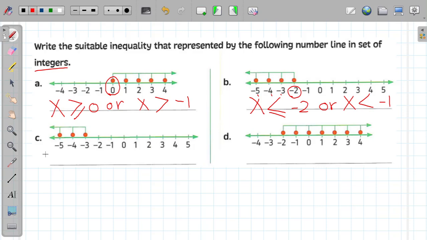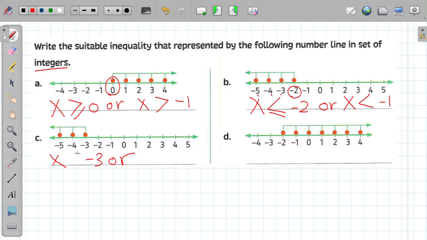Okay, number 3, I'm starting with -3 and I am decreasing. Okay, I have -4, -5, and so on. So I have two inequalities. The first one is x, and I am starting with -3. So I have -3. And next, I have the numbers that are less than -3.